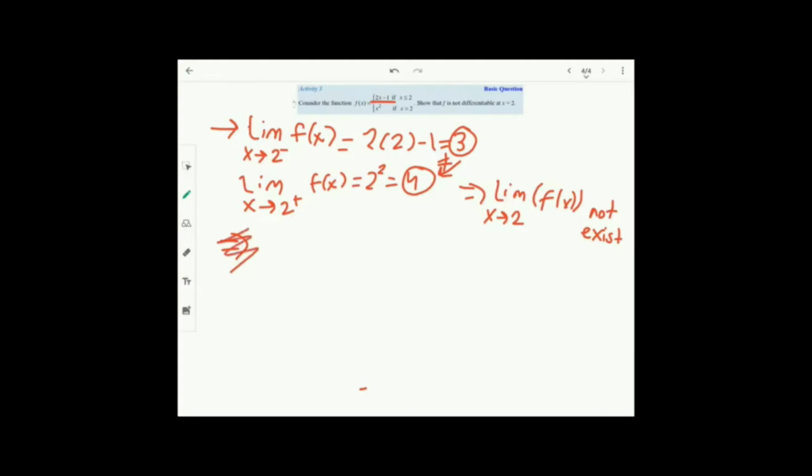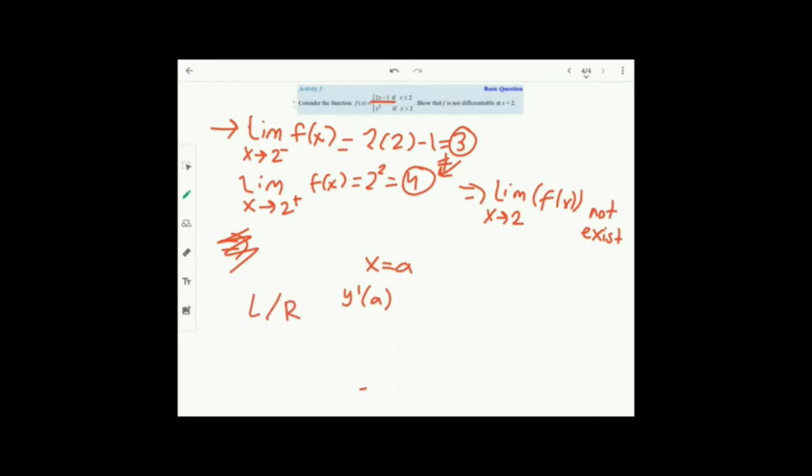And now two more facts you need to know are vertical tangents and corner points. A vertical tangent exists at x equals a if the derivative y prime of a, from either side, left-hand or right-hand, approaches infinity.